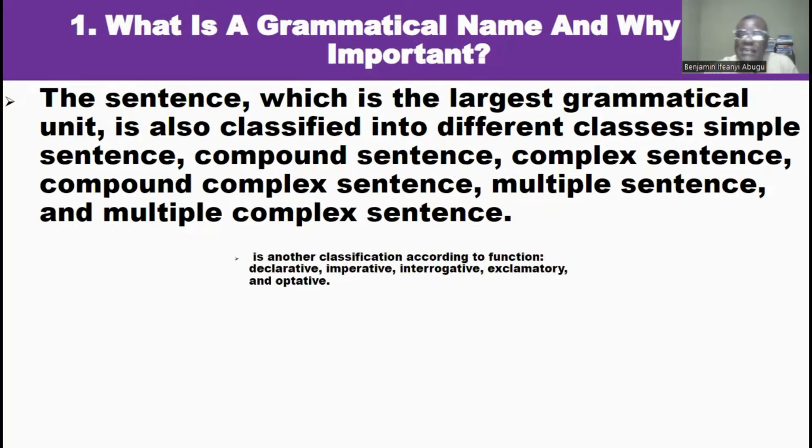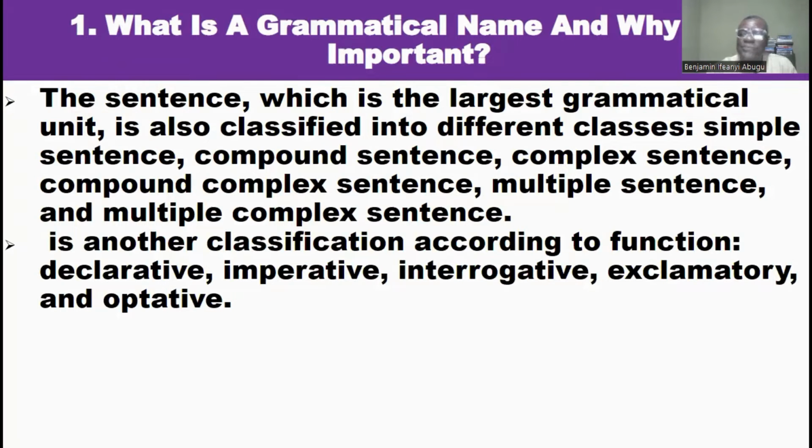Then there's another classification according to function, and they are as follows: declarative, imperative, interrogative, exclamatory, and optative sentences. If you browse through the channel, you will find videos explaining different types of sentences.